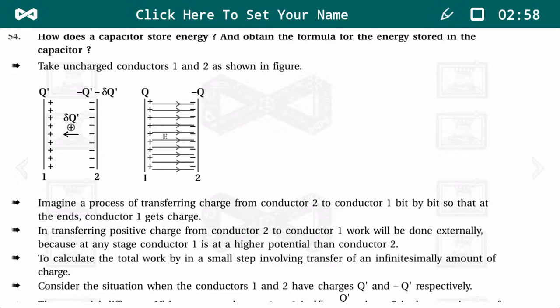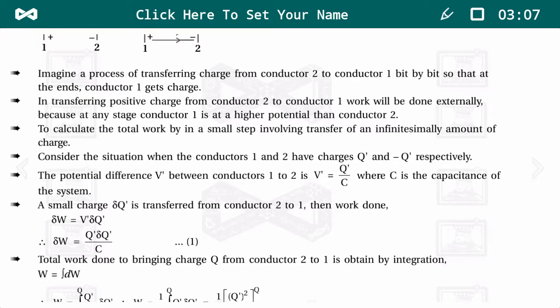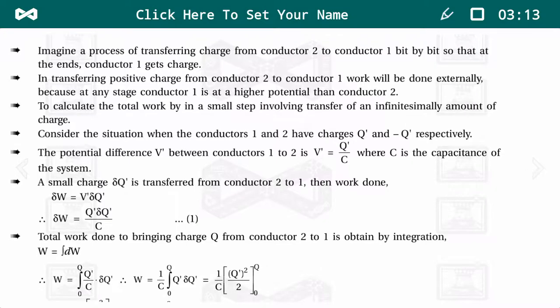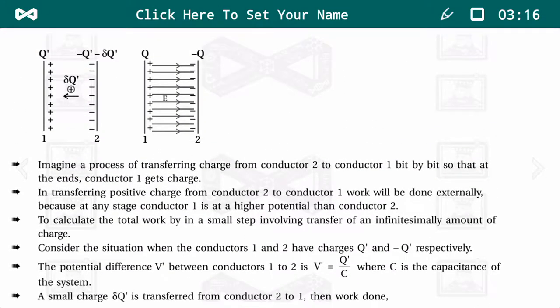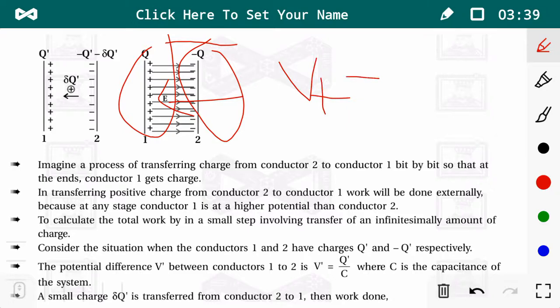That means there is a potential difference V dash between the two conductors, V dash is equal to Q dash upon C. I told you that positive charges are moving from one plate to another plate, and that's why at this plate the potential is higher than this one, that means V plus and V minus.